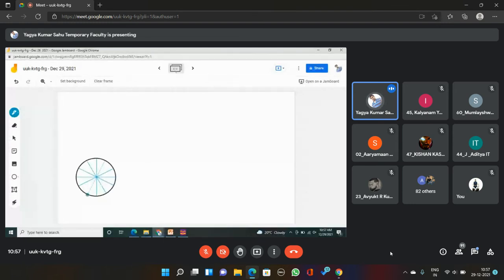We have divided the circle into 12 equal parts. And write down the name of all the points: 1, 2, 3, 4, whatever it is. So write down the name of all the points.